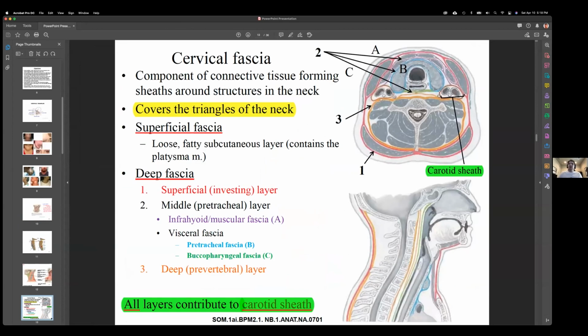Know these different membranes, what travels in the carotid sheath, and also this buccopharyngeal membrane here is posterior to the esophagus and the trachea. They did ask us some sort of question regarding what you go through if you do an emergency tracheotomy. I think it's the buccopharyngeal membrane, but double check that if y'all get a chance.